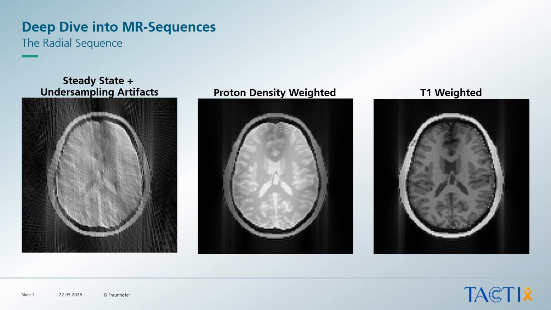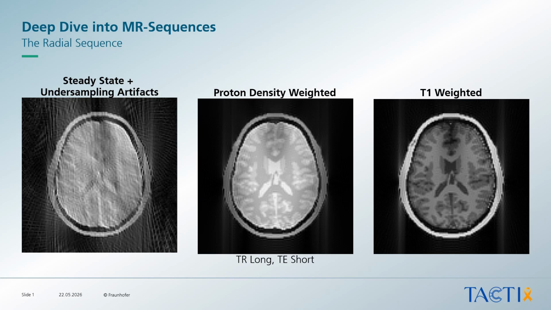So generation of a proton density weighted image without these streaking artifacts was possible by adding a longer TR, because the longer TR ensures that the steady state is always present for each excitation, because with a long TR basically all magnetization is able to recover again.